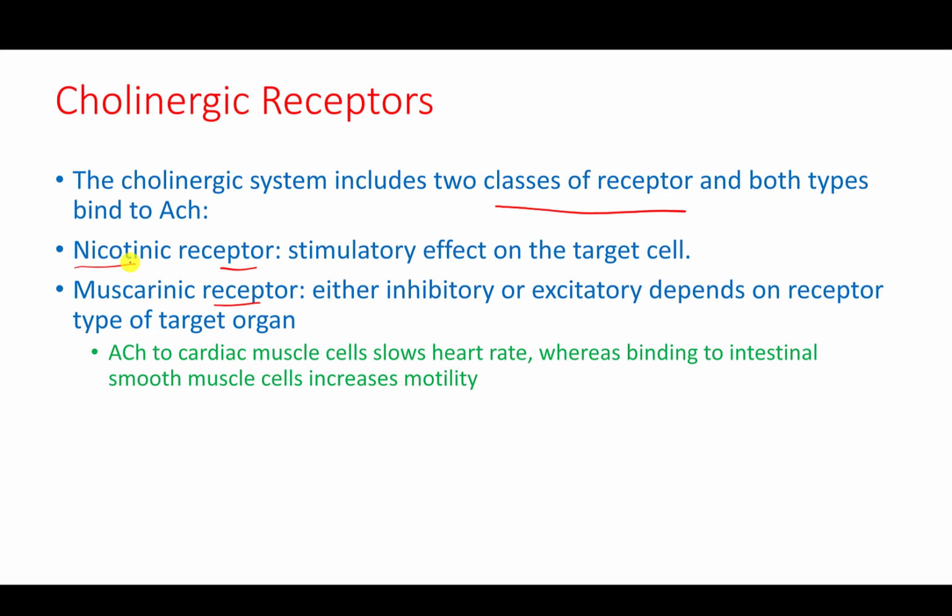Usually these nicotinic receptors are always stimulatory, and we said this is the type of receptor that we can find at the neuromuscular junction, whereas the muscarinic receptors could be inhibitory or excitatory depending on the receptor of the target organs. So if you remember, we said ACH on skeletal muscles will open sodium gates, and this would lead to contraction.